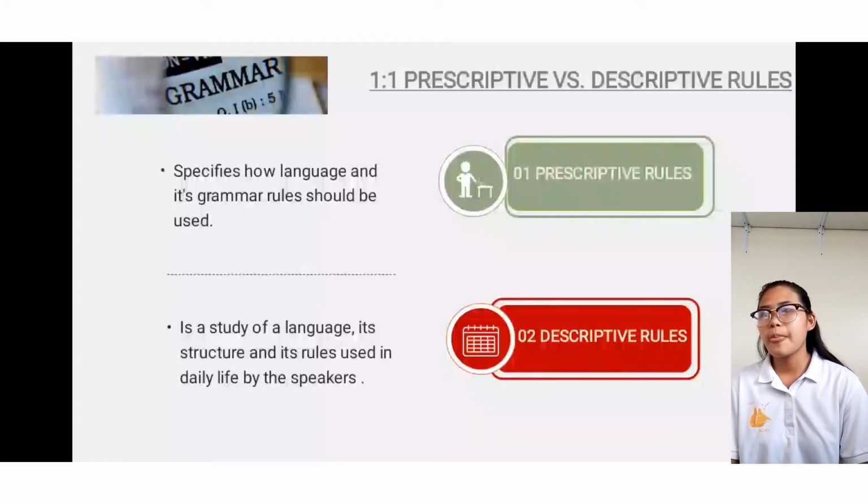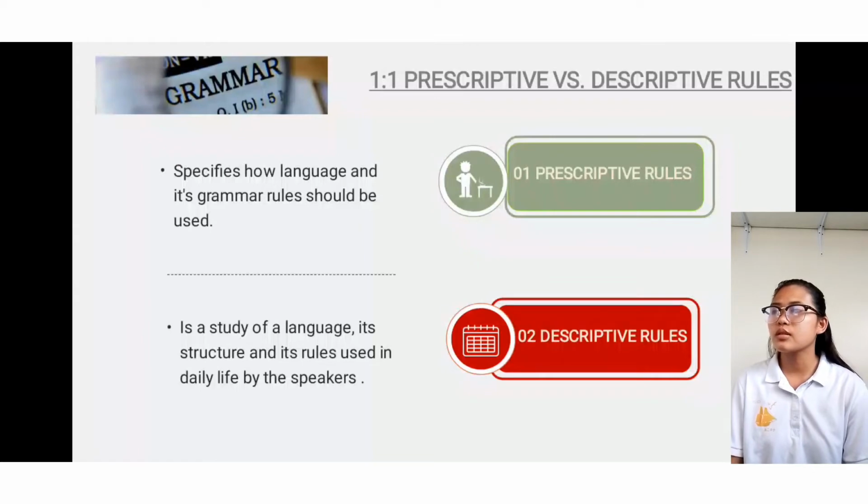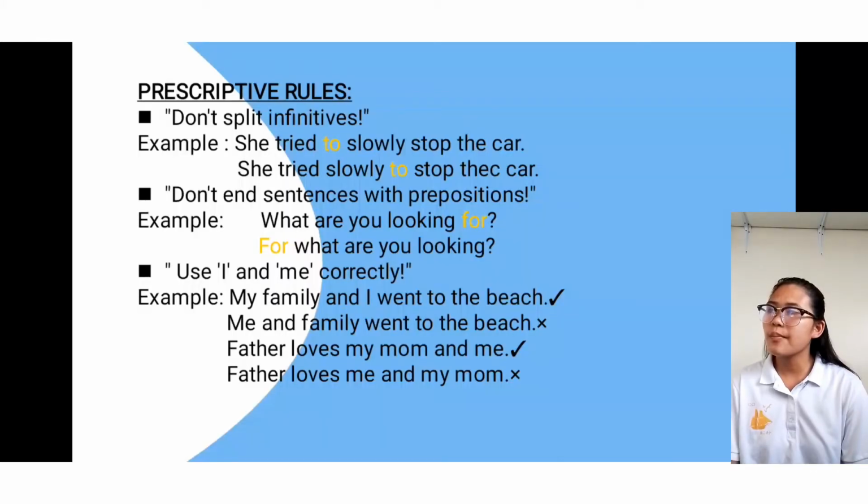Prescriptive rules specify how language and its grammar rules should be used. And descriptive rules are a study of a language, its structure, and its rules used in daily life by the speakers. Here are some examples of prescriptive rules.